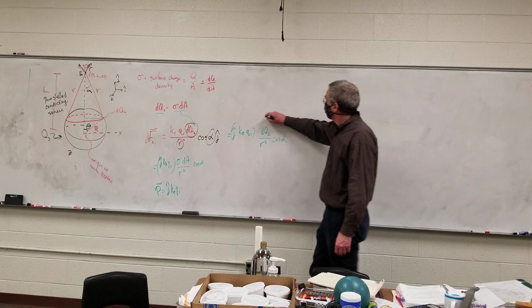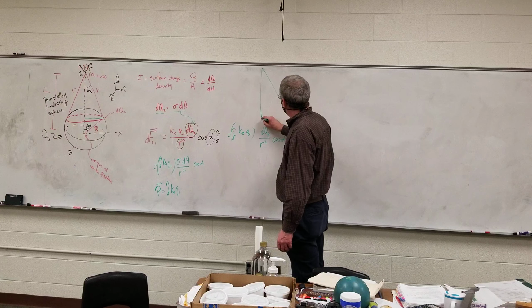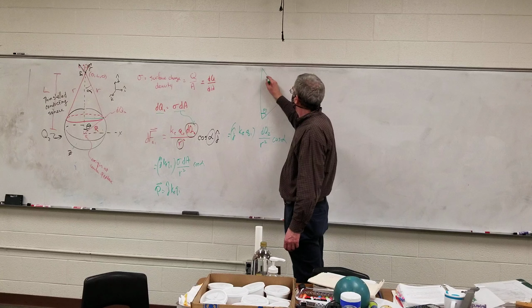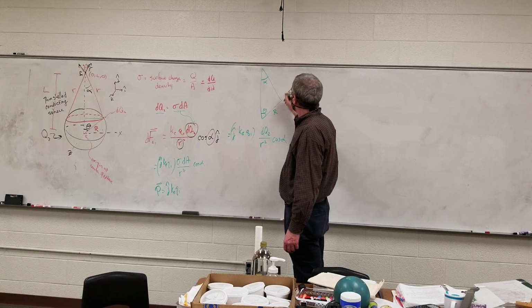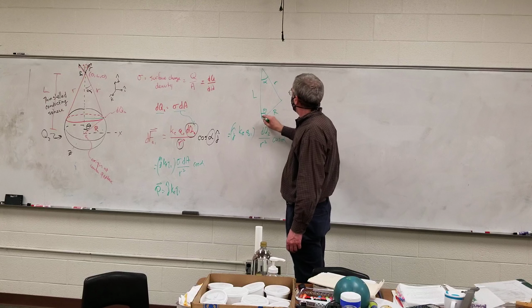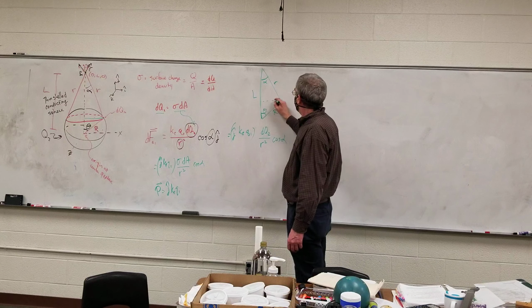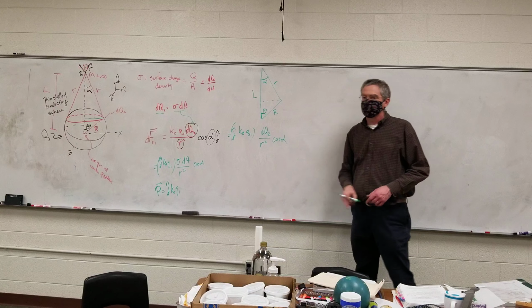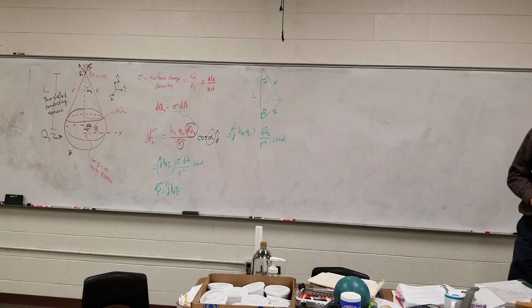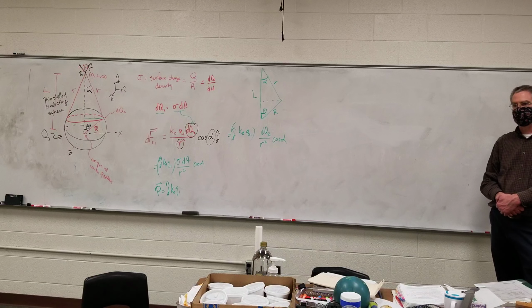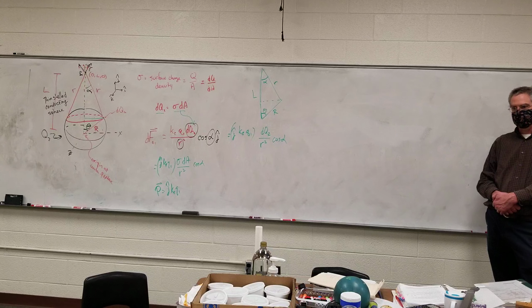As you draw it, this is theta, this is alpha, this is big R, this is little r, and that is L. And I'm asking for this distance right here. Looking for a formula.